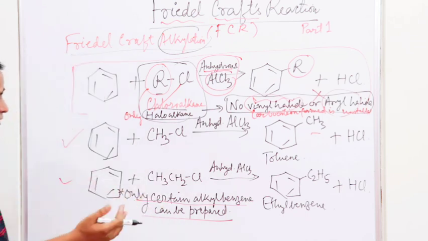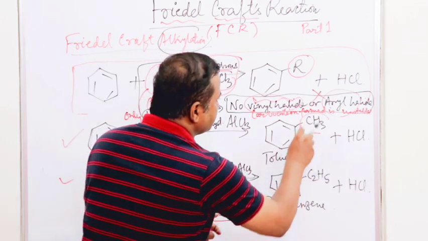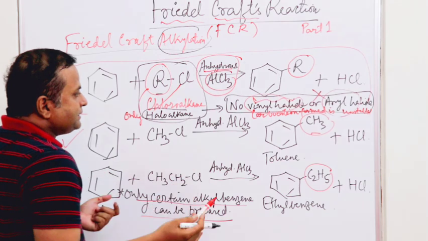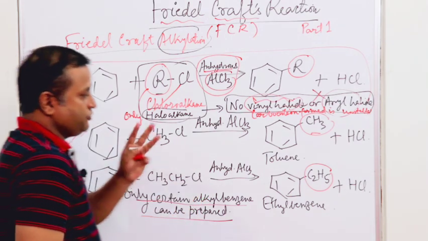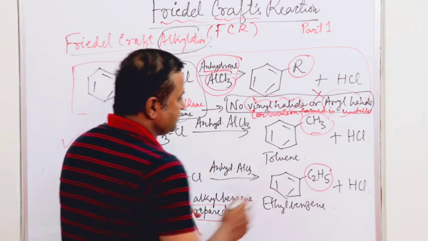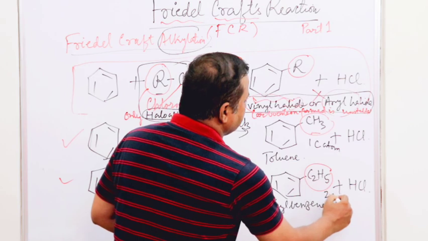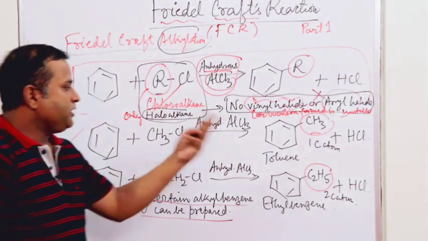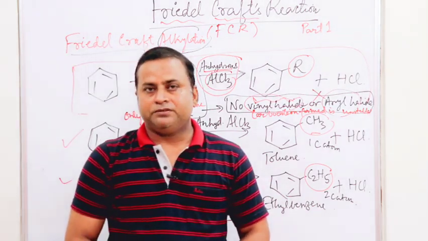Now if we try to introduce an alkyl group greater than 2 carbon atoms, this is 1 carbon atom, this is 2 carbon atoms. Suppose if you want to introduce 3 carbon atoms, then what will happen?